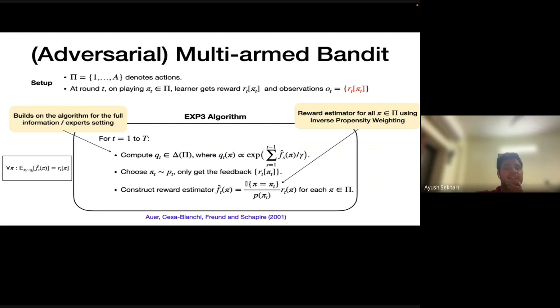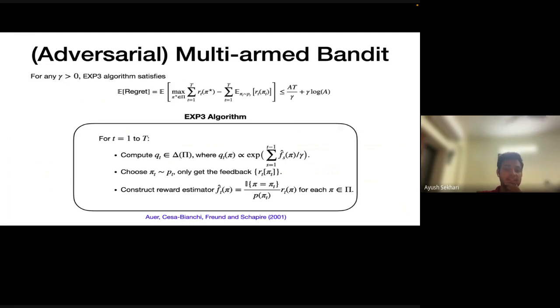And again, for the bandits, this particular algorithm has a regret bound that scales with AT over gamma plus gamma log A, and by optimally tuning the scale parameter gamma, or step size, you get a regret which is square root of AT log A, which is almost optimal for this problem.